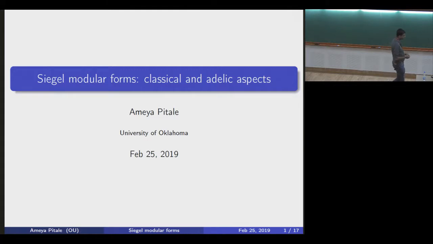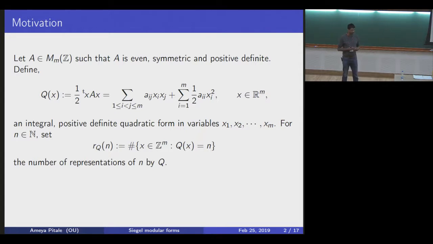I want to start with some motivation, and I saw Ulf's talk, and almost his first slide was quadratic forms, and I said, I'm going to start exactly from what he's saying. Slightly different, but the same idea. A question that you can ask is, you have a quadratic form Q(x), and this comes from a matrix A, which is even, symmetric, and positive definite.